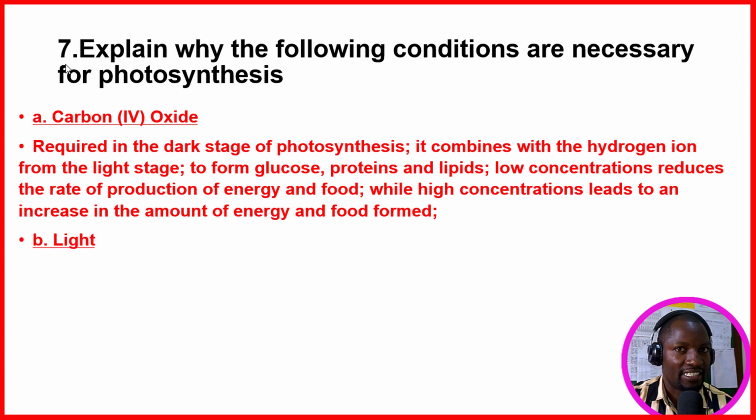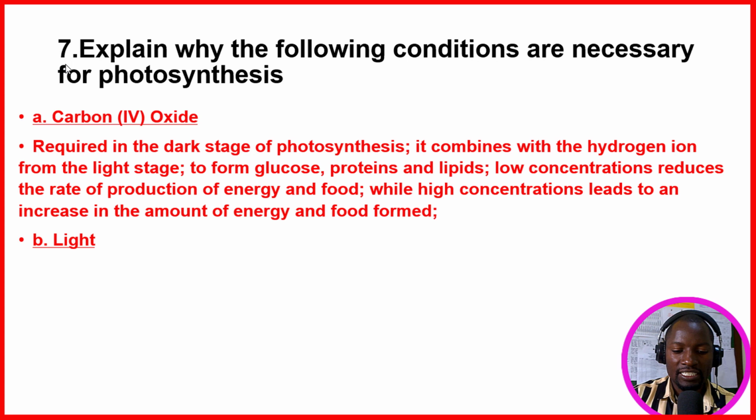Number 2 is light. I've just talked about light in the first phase of photosynthesis as very important, because it helps us to split the water molecule. The chemical formula of water is H2O. So it has hydrogens and it has oxygen.